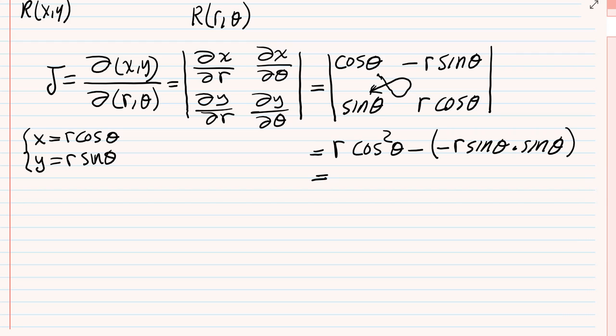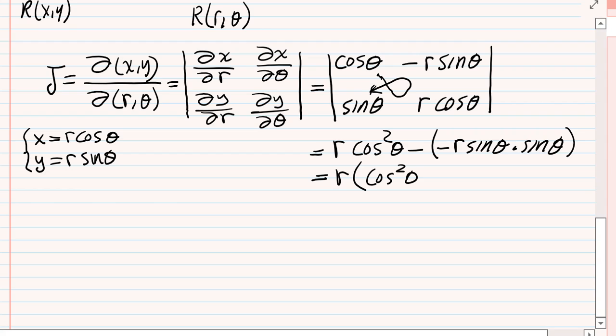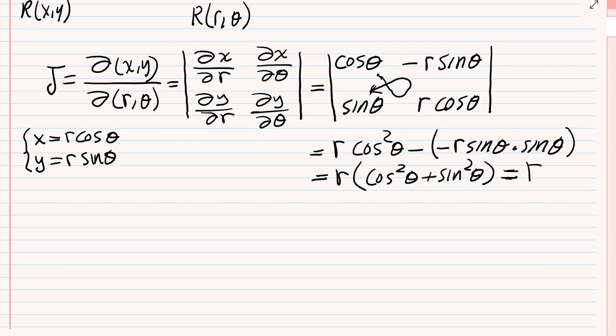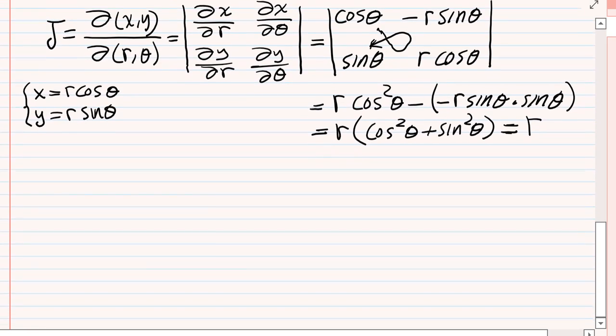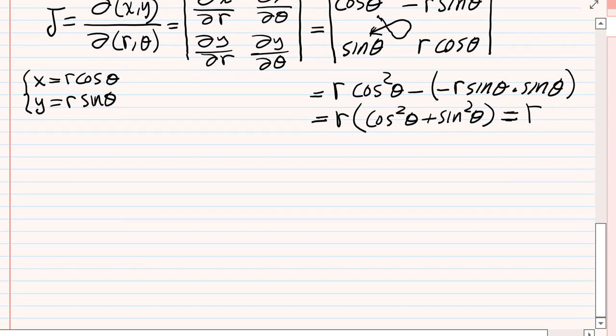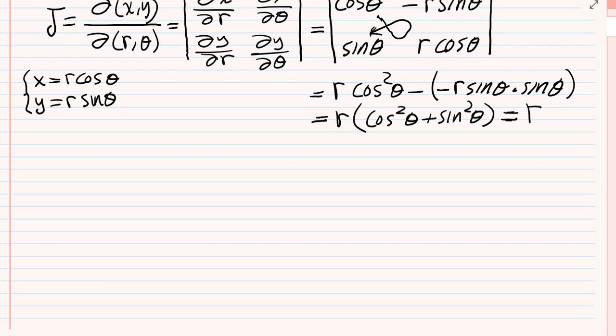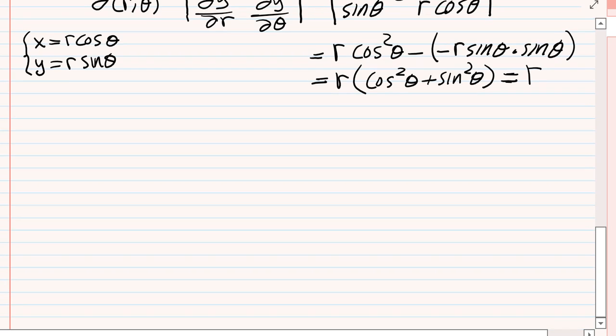We factor out r, which makes it cosine squared theta plus sine squared theta. And that's just r, which is positive, but our transformation formula does require the absolute value of that, which remains the same.